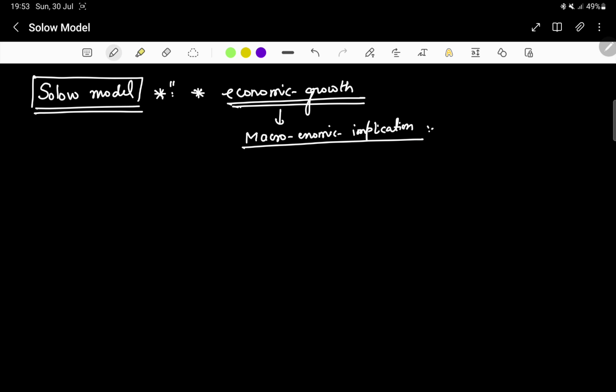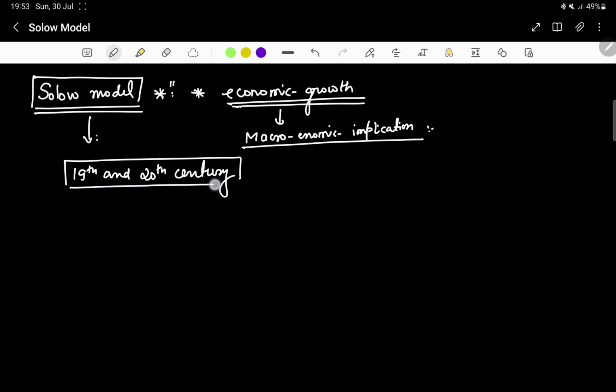Before we go into it, we must also see that the Solow model became quite useful to explain the growth rate of various economies during the 19th and 20th century.